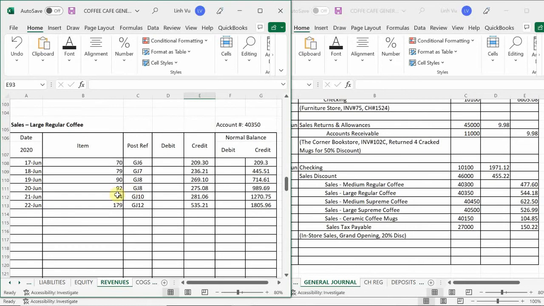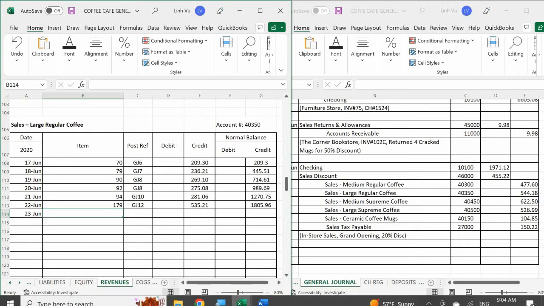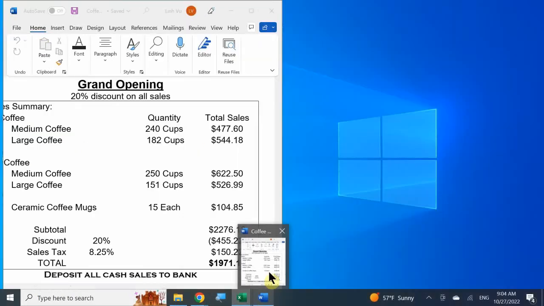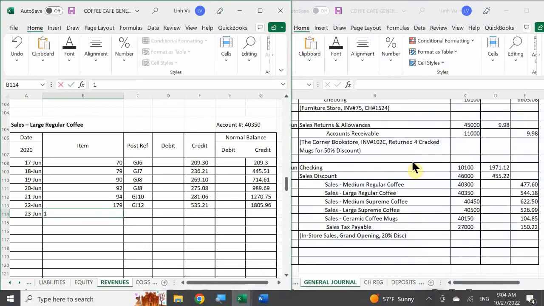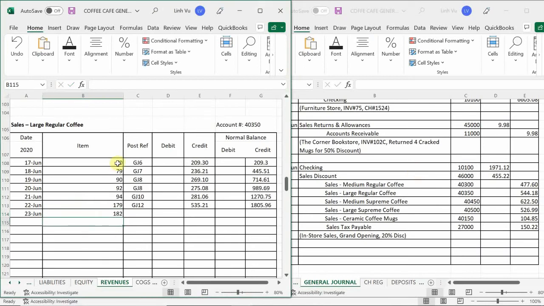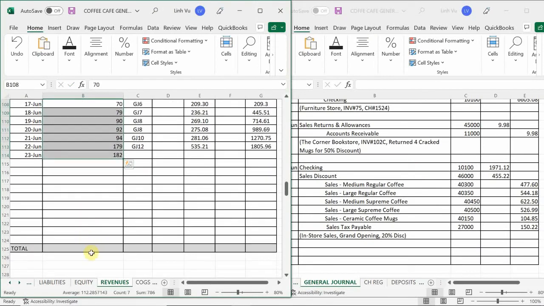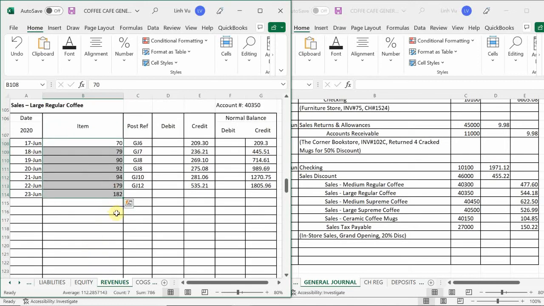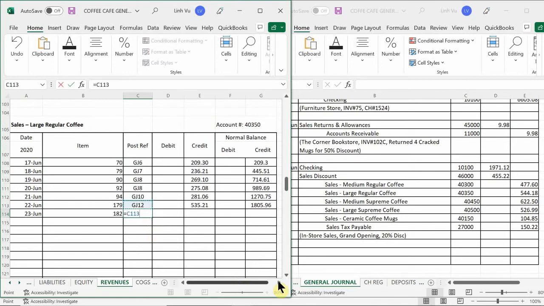We're going to go to large. How many cups did I sell? 182 cups. The reason I'm putting these numbers here is that when we get to the totals, you have the ability to do an equal sum and find out how many cups you sold.